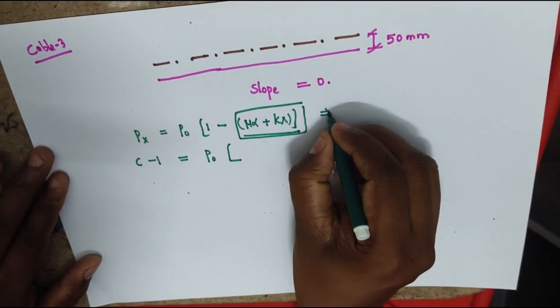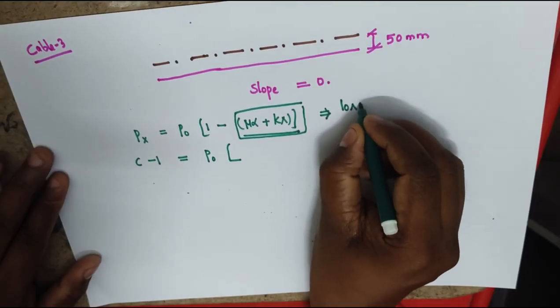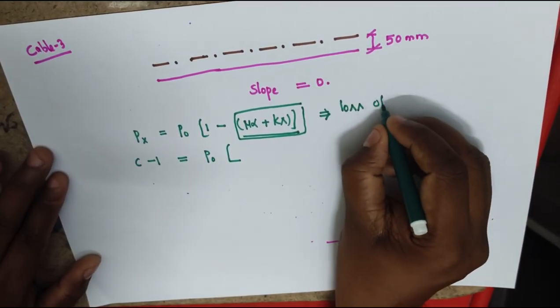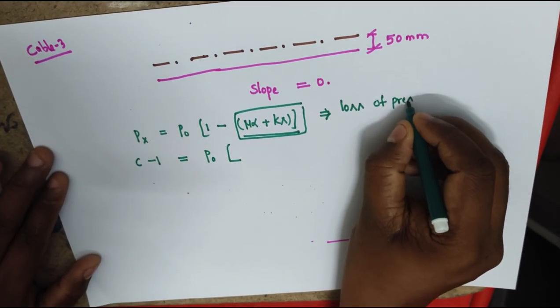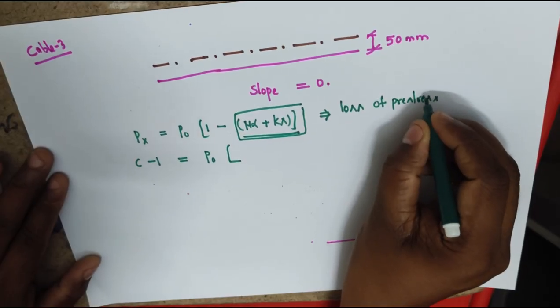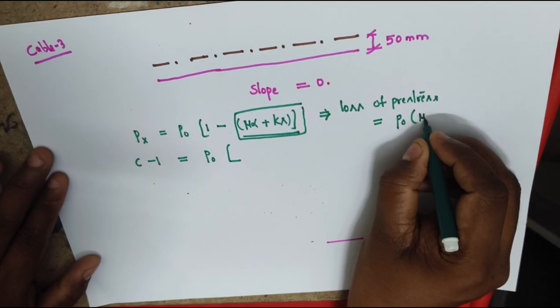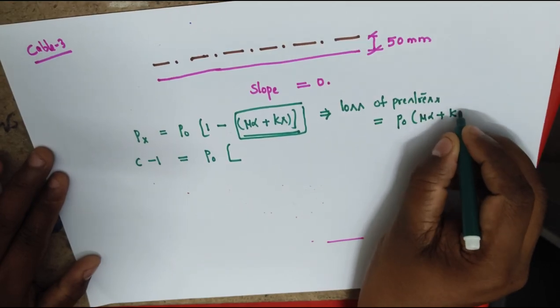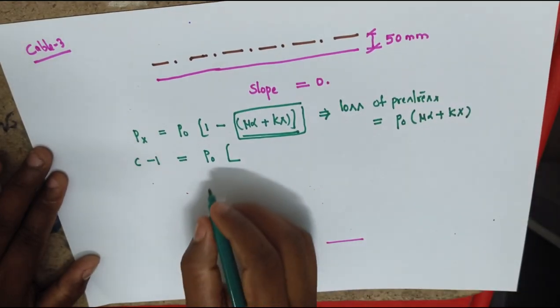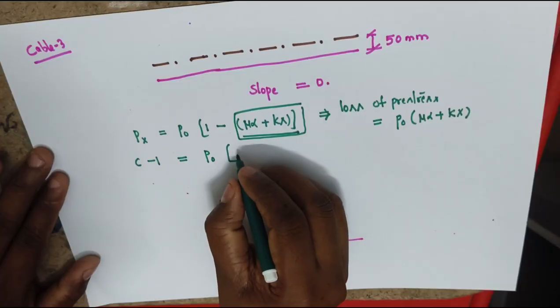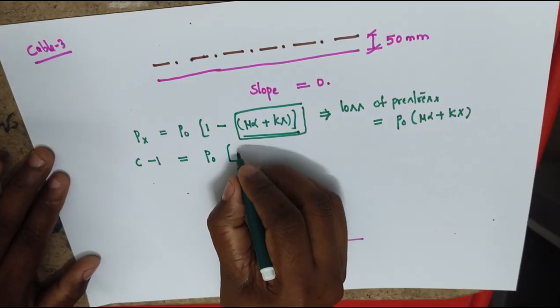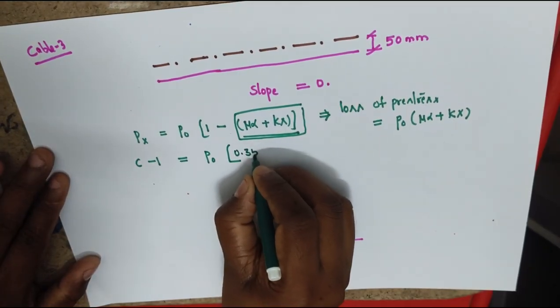Means if you want to determine the loss of prestress, loss of prestress will be P0 times (mu alpha plus Kx). What is the mu value? Mu value is given as 0.35.